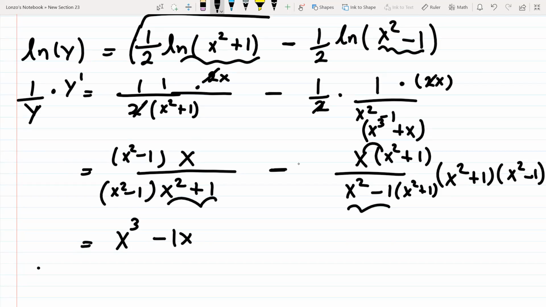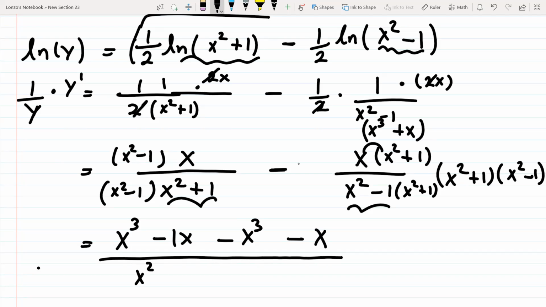You do have to distribute the minus, so it's minus x cubed minus x. On the bottom, it's the common denominator.